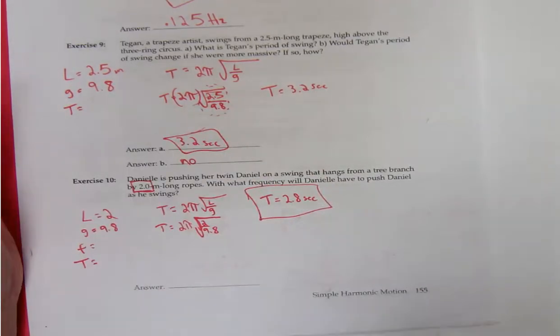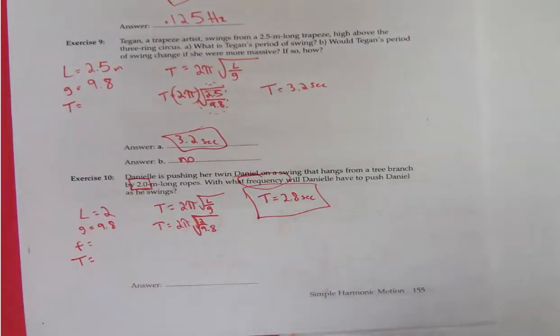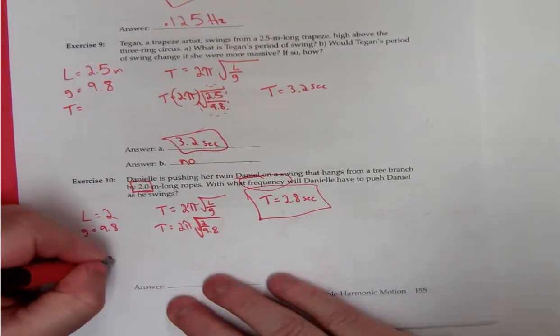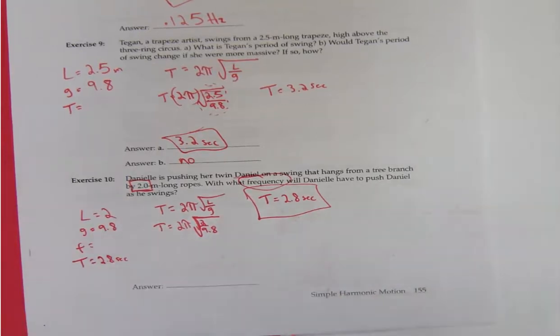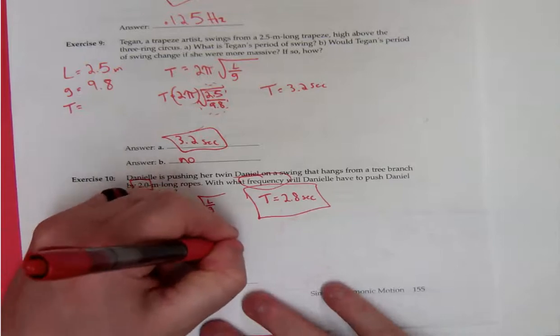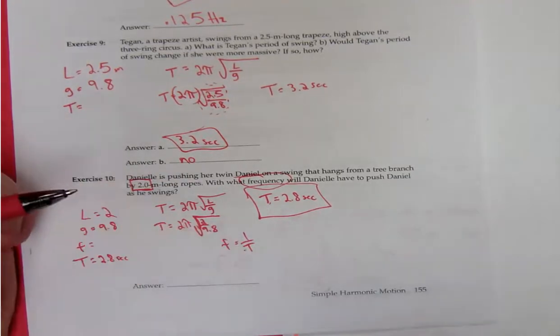But do they want period? No. They want frequency, right? So we have to take this period that we now have, 2.8 seconds, and turn that into frequency. Well, the hard part's pretty much done. Now we have to do the frequency part, which we know our formula for frequency is 1 over period. That's pretty simple. So we just plug this number in here and do our simple math.